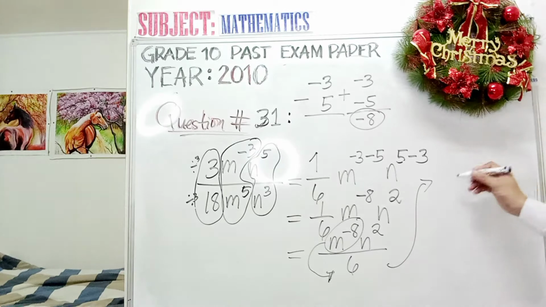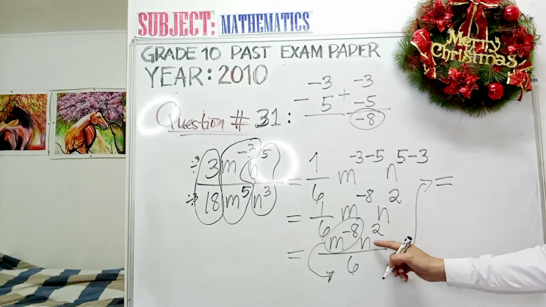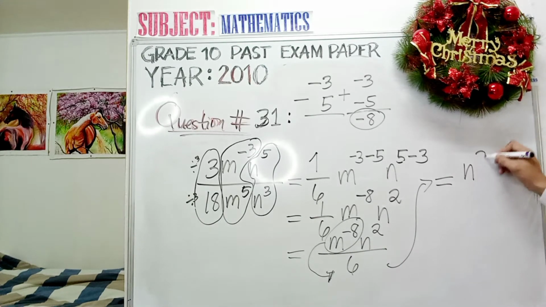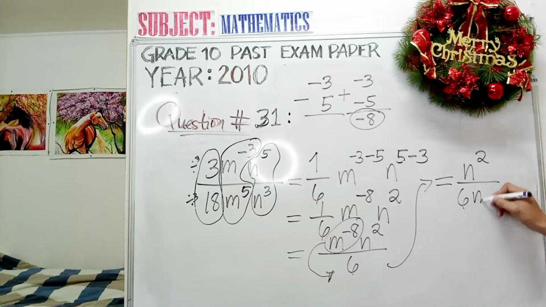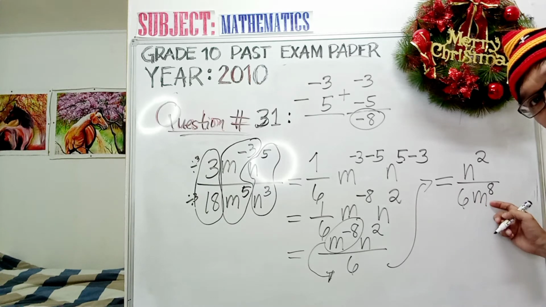Okay? So the final answer then, so what is left now is n to the power of 2 over 6, m to the power of positive 8. Why it became positive 8?